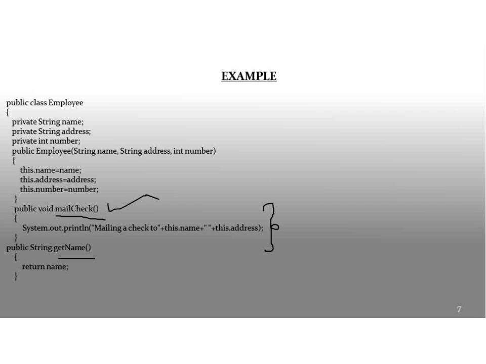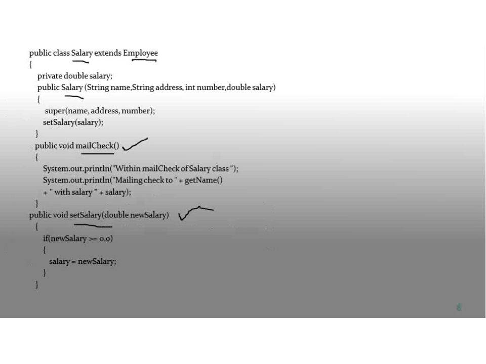We use mailCheck two times in a different way. Here we have this statement, mailing a check to, which is a string, and then the name and address. What is the definition inside this method here? It's different.